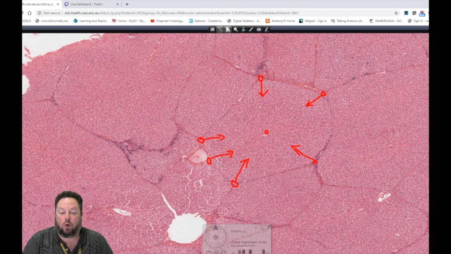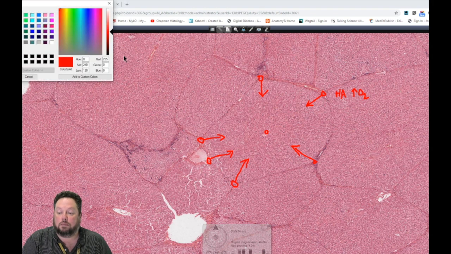Now these points of the lobule are referred to as portal regions or the portal triads because they contain 3 different components. They contain a branch of the hepatic artery. This is actually a branch of the abdominal aorta, and it carries highly oxygenated blood, with moderate levels of nutrition.